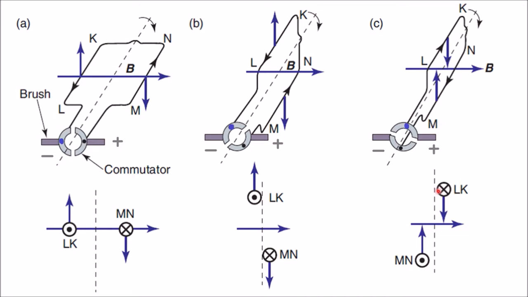So LK, if it was a dot, I'll try and draw it out here, instead goes up this way. And MN, if it was still going into the page, okay, it will point down.